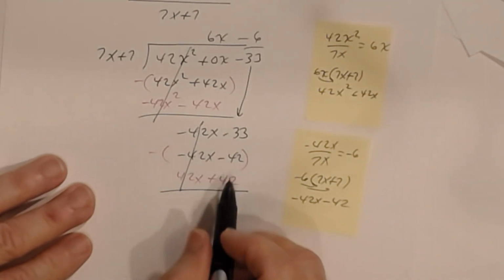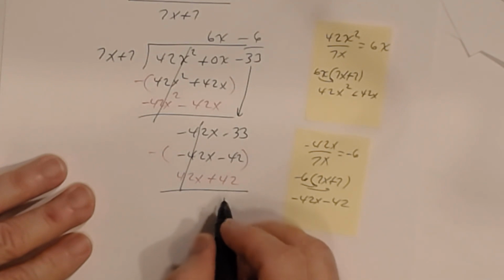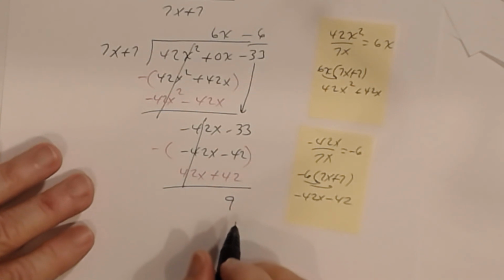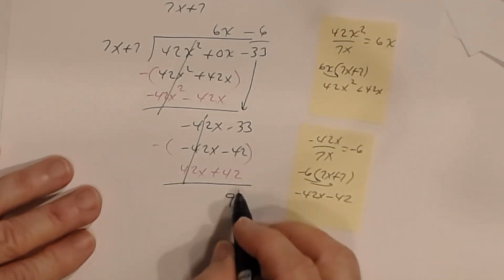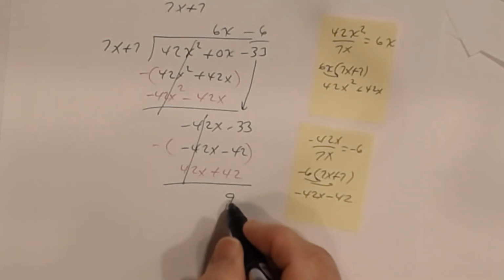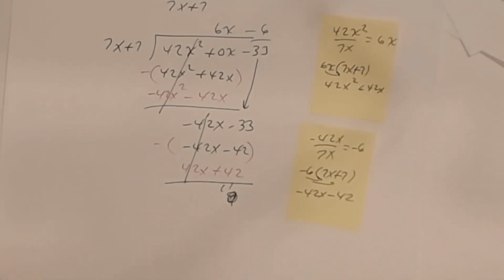A negative 33 and a positive 42 is a positive, what's that, 9? Positive 9? Okay? No, that's not positive 9. What is that? 42 minus 33 is 11, isn't it? So 11, is that correct? Okay, so 11.